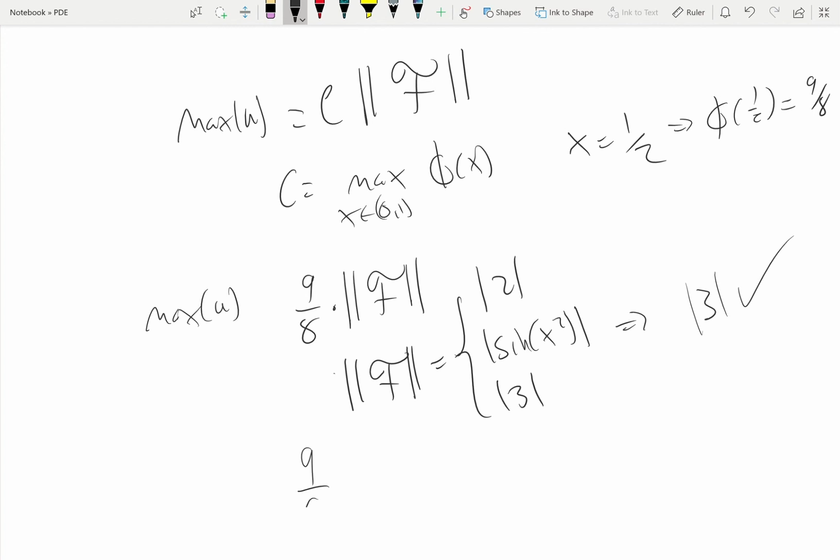So we had 9/8 times 3 is equal to max of u, which implies that max of u is equal to 27/8, thus finalizing the proof.